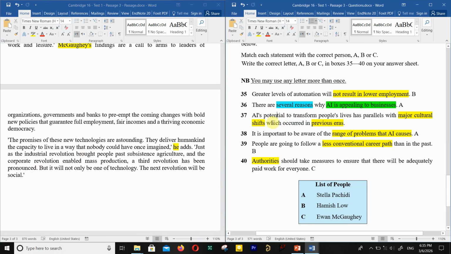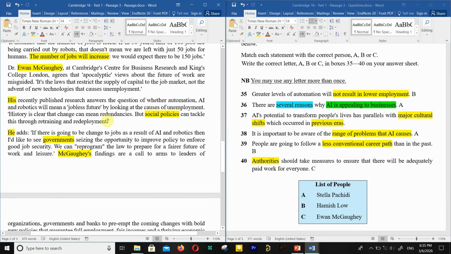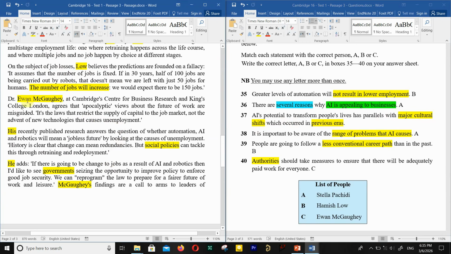So here it says that AI's potential to transform people's life, which means here the capacity to live in a way that nobody could have once imagined. So it enabled to transform people's lives, parallels with major cultural shifts. During these statements, it already mentioned that, maybe I skipped that, about McGaughey, major cultural shift.